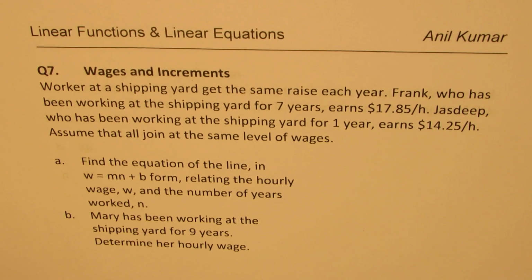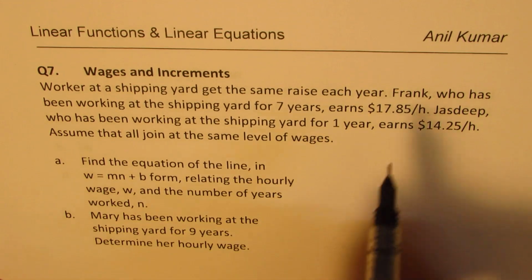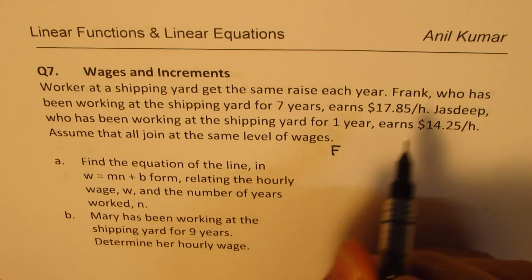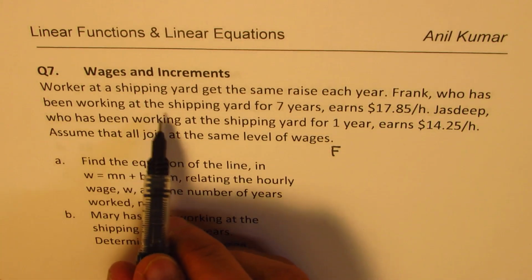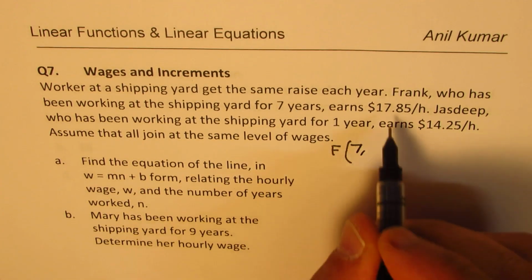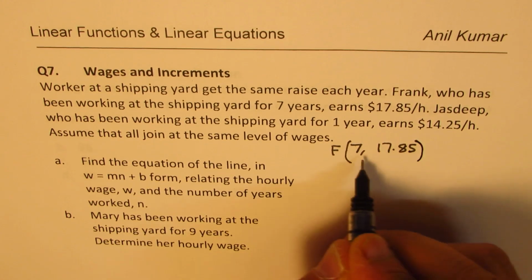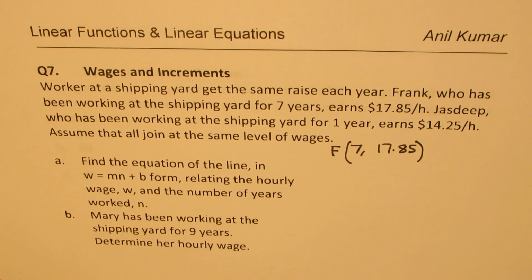All right. So in this question, our approach is going to be similar to what it was in the previous question. So as far as Frank is concerned, Frank, who has been working at the shipping yard for 7 years, so that is the time duration, and that is the rate, which is 17.85, right? So we get a coordinate point for Frank.